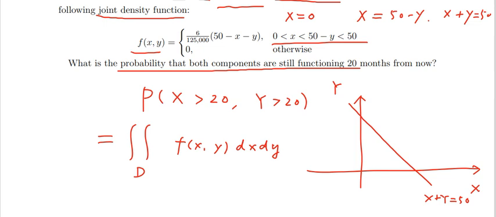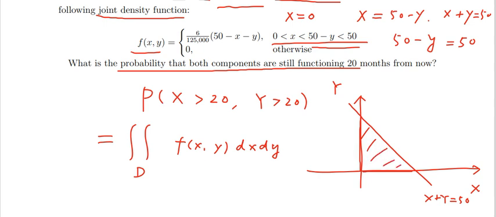And then let 50 minus y equal 50. So this is y equals 0. y equals 0 is just this x-axis, right? So this region is bounded by the y-axis, x equals 0, y equals 0, and this line.